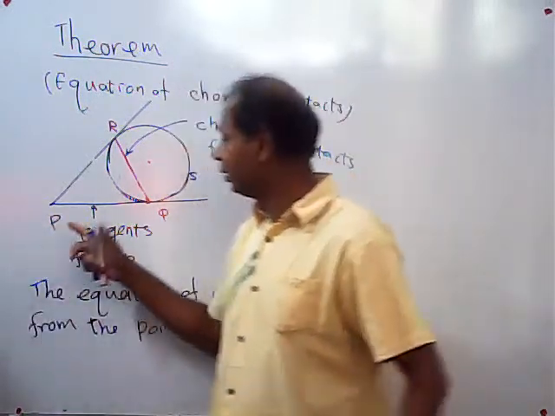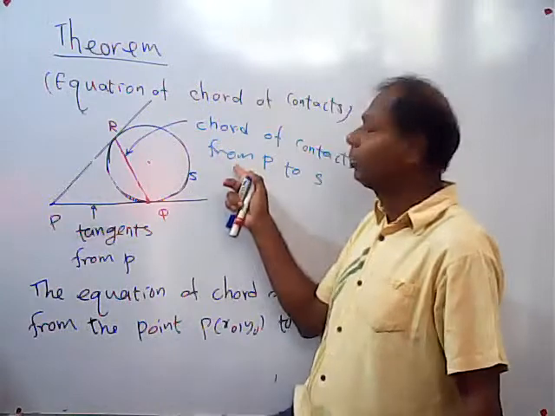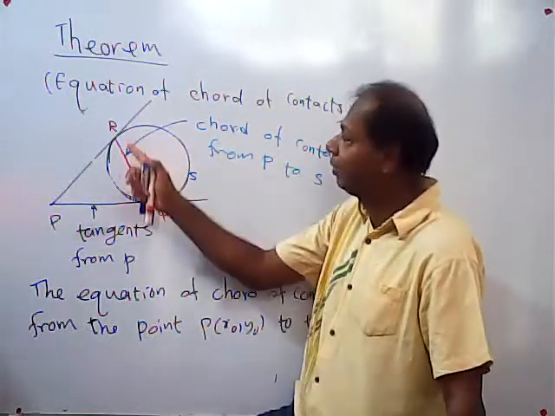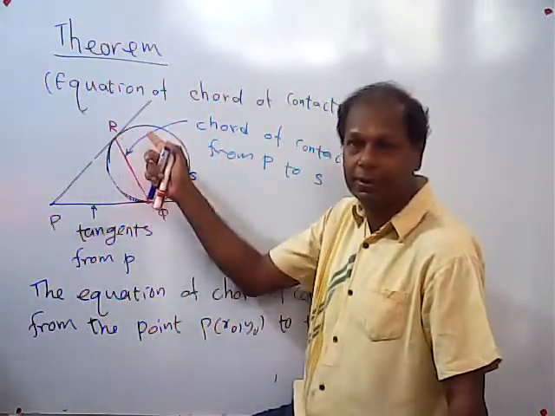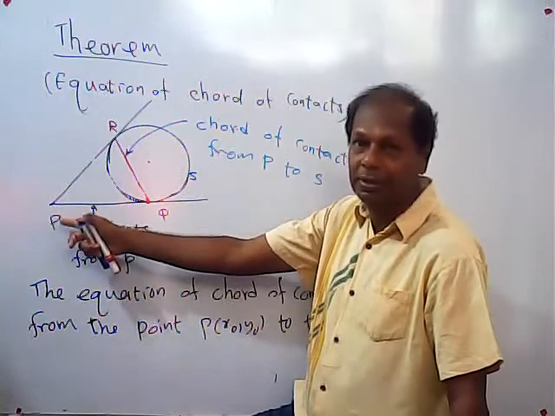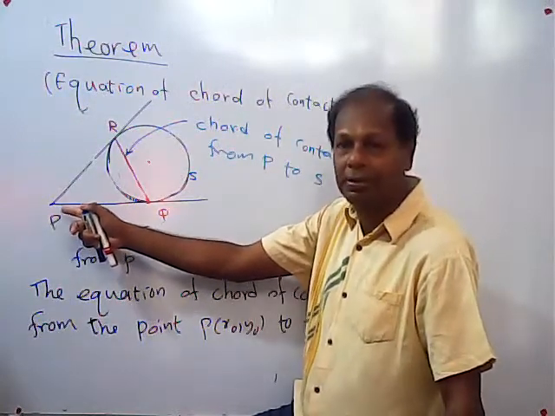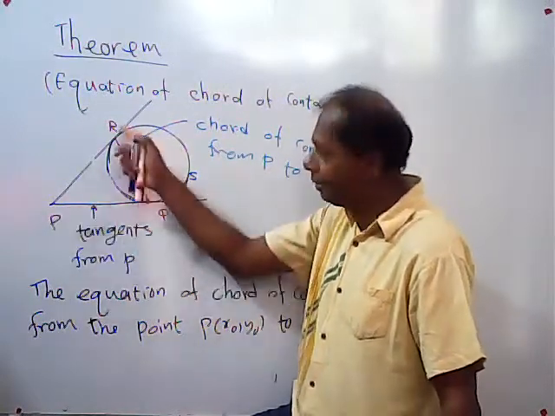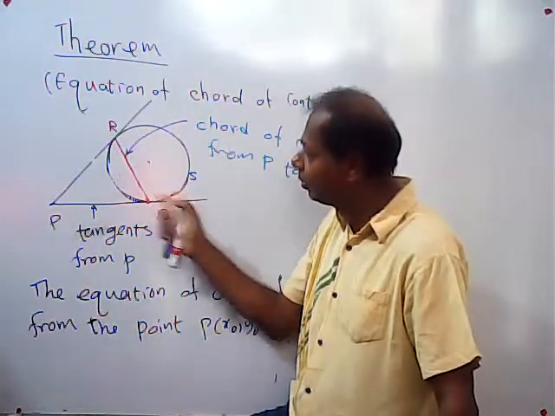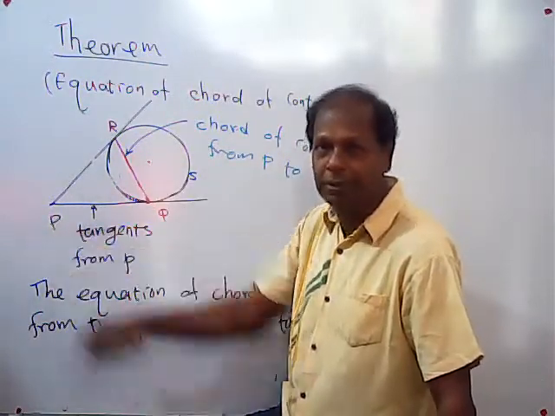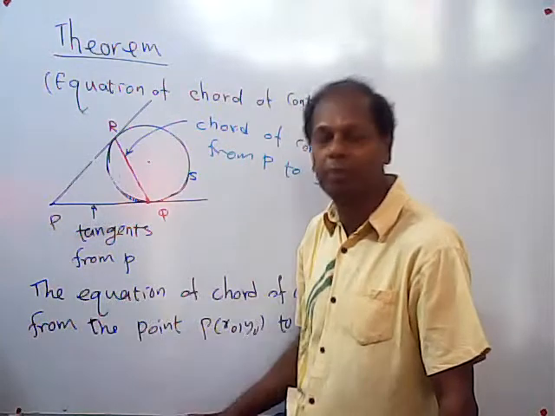Don't mistake this. We say from the point P to the circle, but this chord of contact does not pass through the point P. It never meets the point P. But we say the chord of contact to the circle from, or with respect to, the point P.